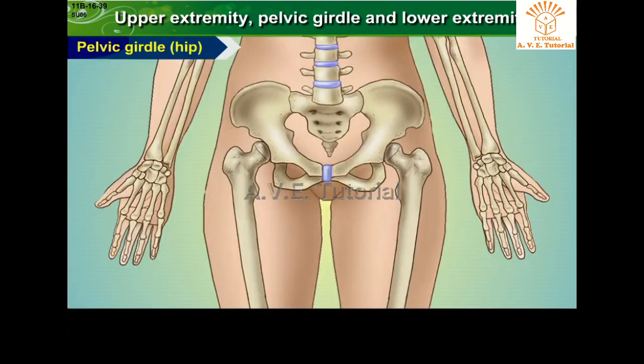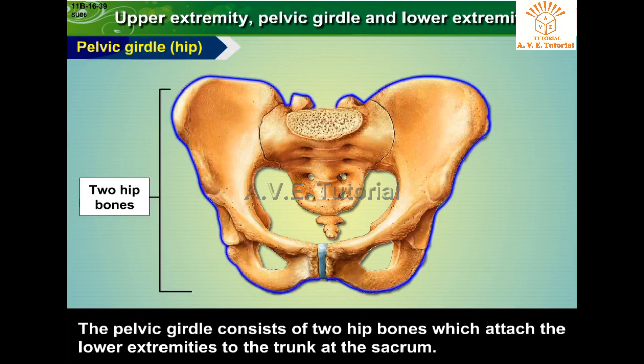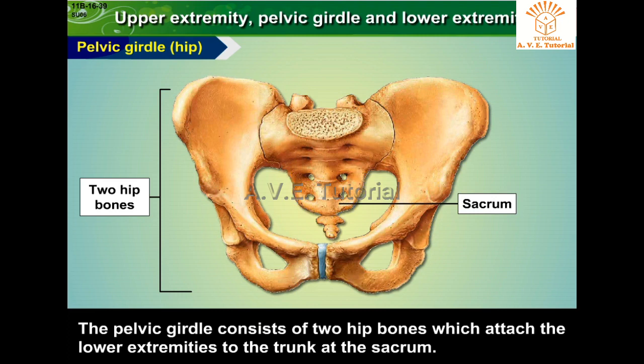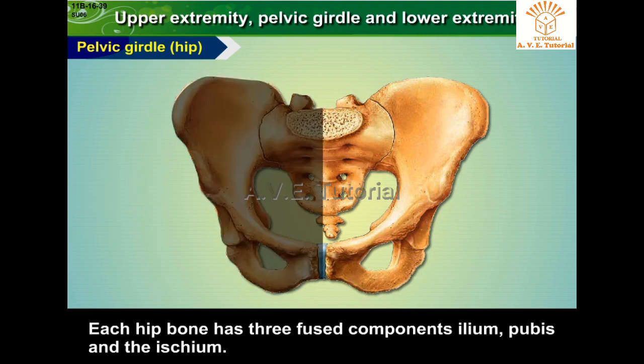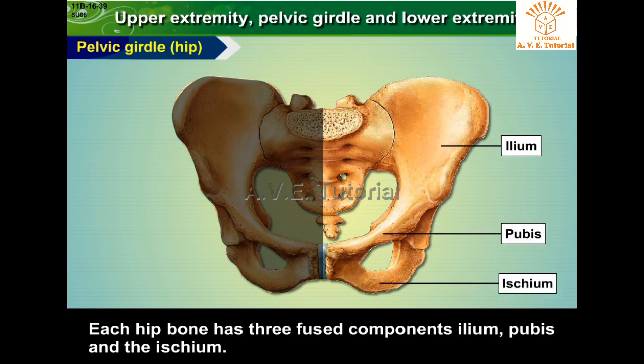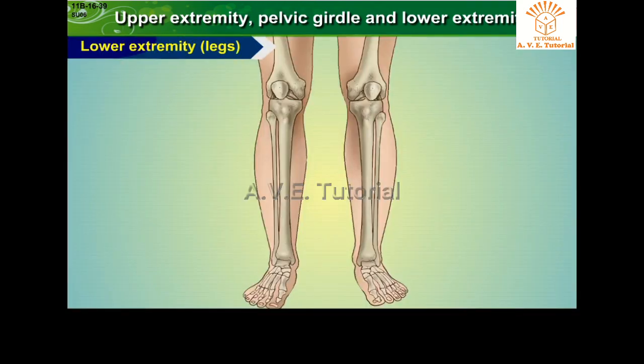Pelvic girdle, the hip. The pelvic girdle consists of 2 hip bones which attach the lower extremities to the trunk at the sacrum. Each hip bone has 3 fused components, ilium, pubis, and the ischium. Lower extremity, legs.